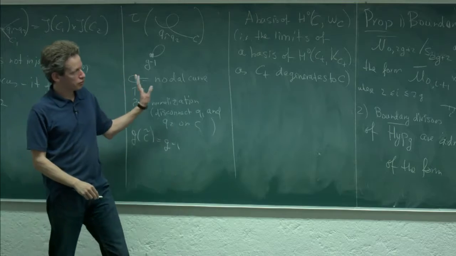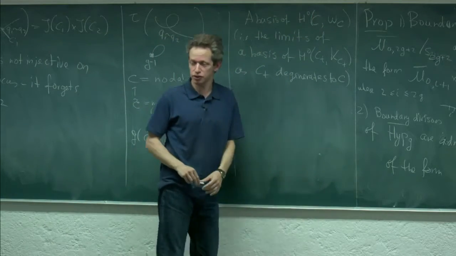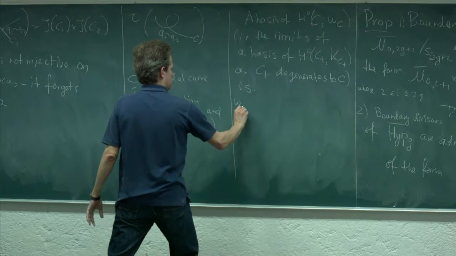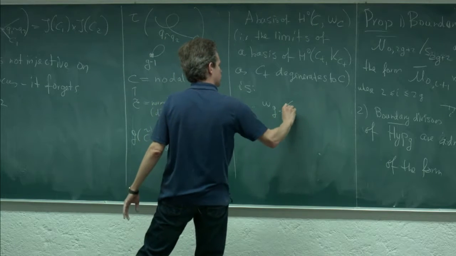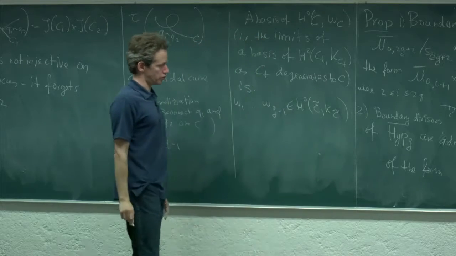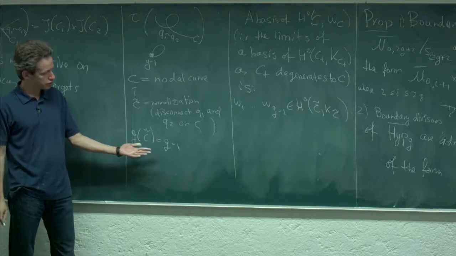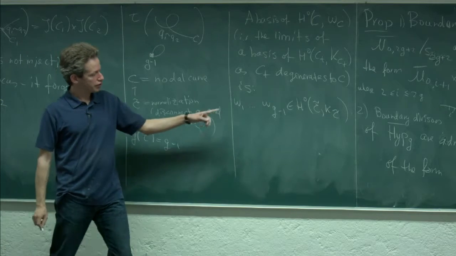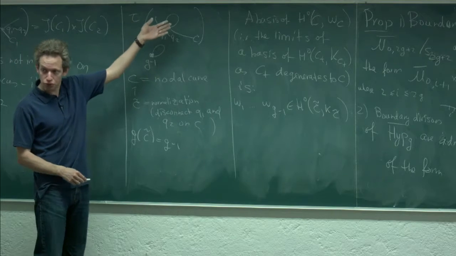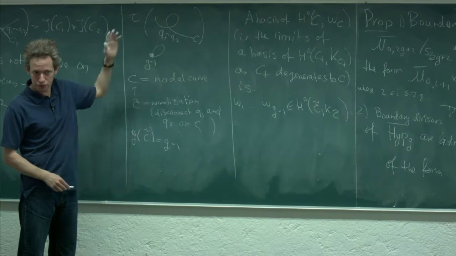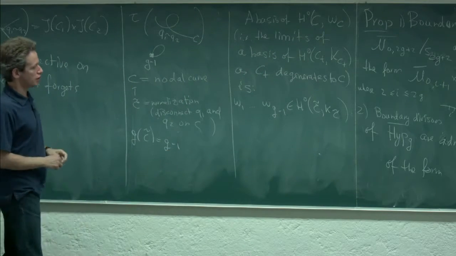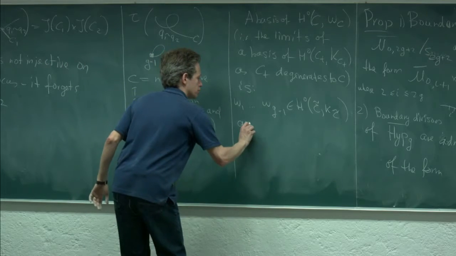And you can do this completely complex analytically without saying the fancy word relative dualizing sheaf if you want. It is the following: omega_1 through omega_{g-1}, which are a basis for the sections of the canonical bundle on the normalization. The normalization is a smooth curve of genus g minus 1. If I have a smooth holomorphic one-form there, this clearly should be considered as a smooth one-form here. Okay. Now the actual definition of the relative dualizing sheaf, if you remember that, tells you what the other guy will be.